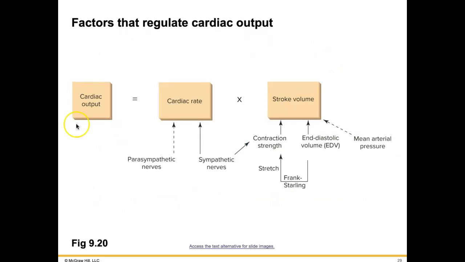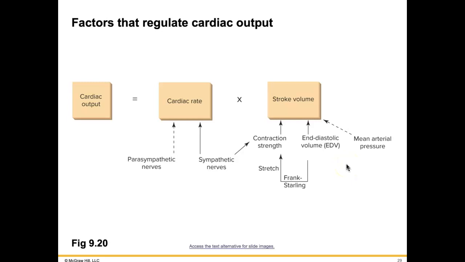And here's just a little figure depicting what we talked about with cardiac output being calculated by our heart rate or cardiac rate and stroke volume, and our parasympathetic nervous system really affecting our heart rate, but sympathetic nervous system affecting both stroke volume and our cardiac rate.